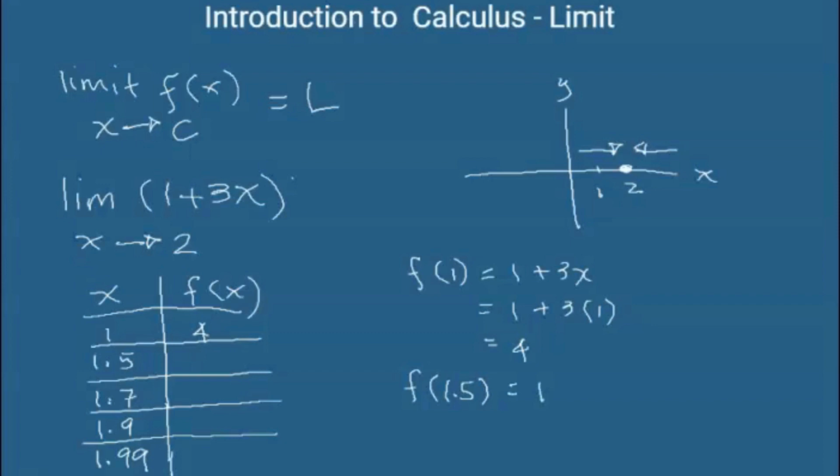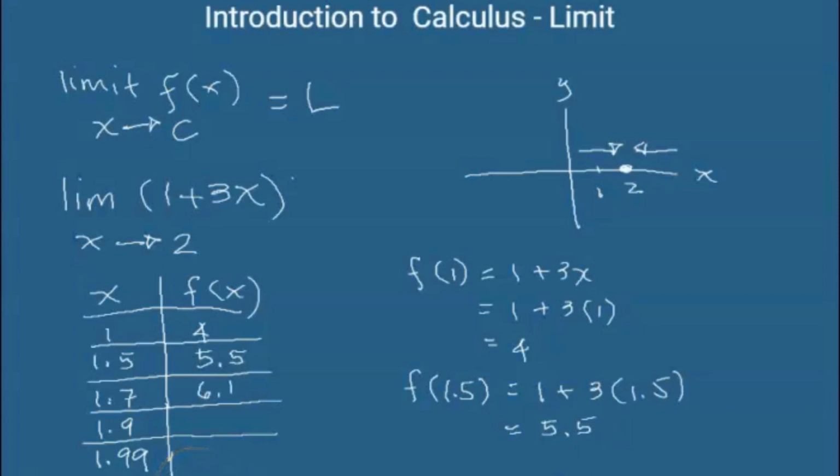So for 1.5, 1 plus 3 times 1.5 is equal to 5.5. Do that with 1.7 and we'll get 6.1.